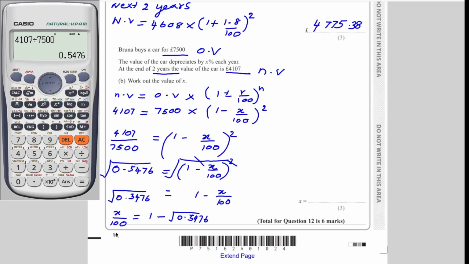Then I need to get rid of 100. 100 is connected with division. Then I got to apply opposite. Then x equals 100 times, apply brackets, 1 minus root of 0.5476.